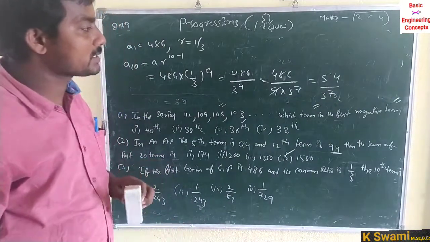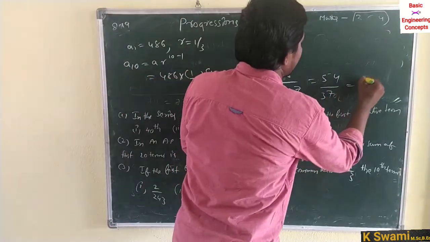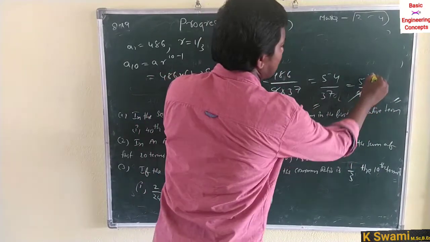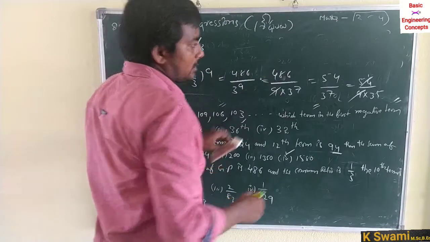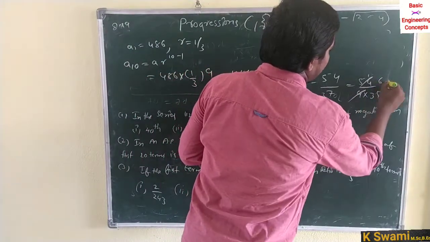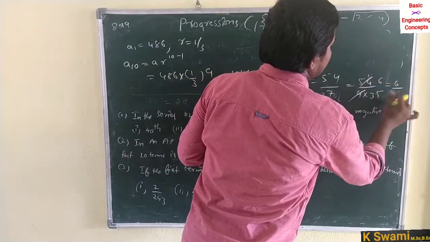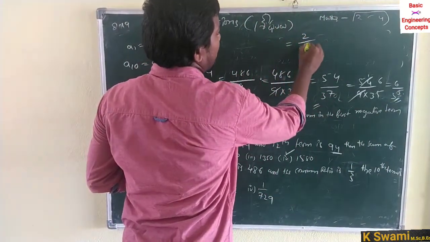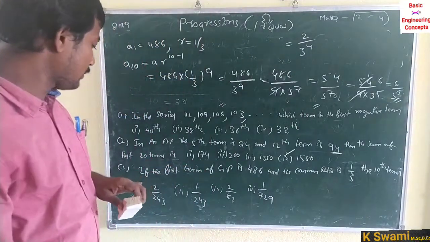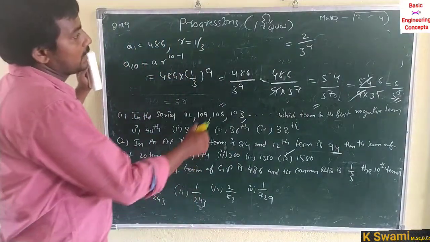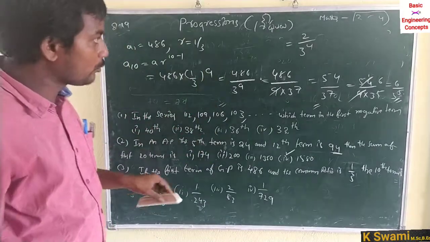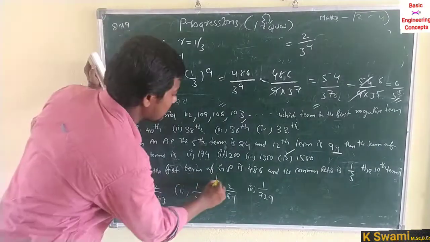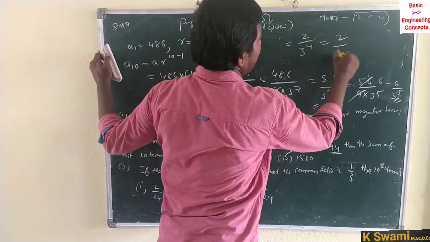Again 54 is divisible by 9, so 6 by 3 power 5. Again 6 is 2 by 3 power 4. 3 power 4 means 81. So 2 by 81 is the correct answer. The third option is the correct answer, 2 by 81.